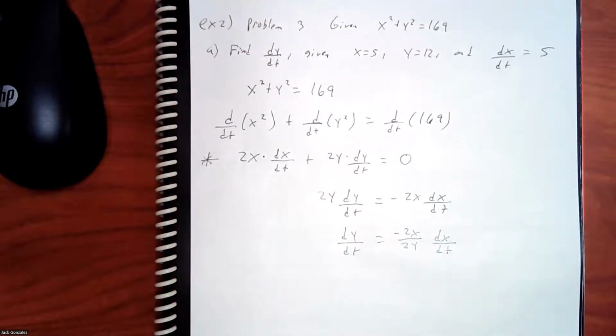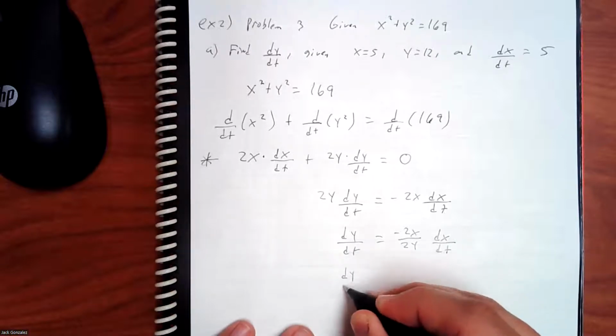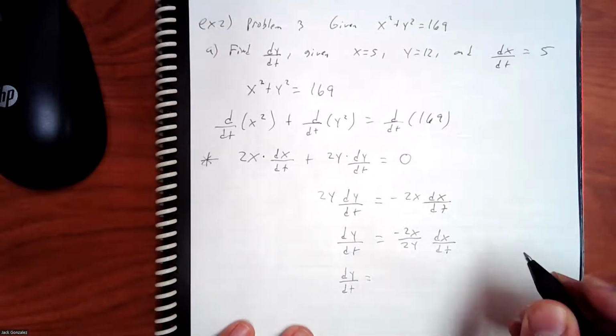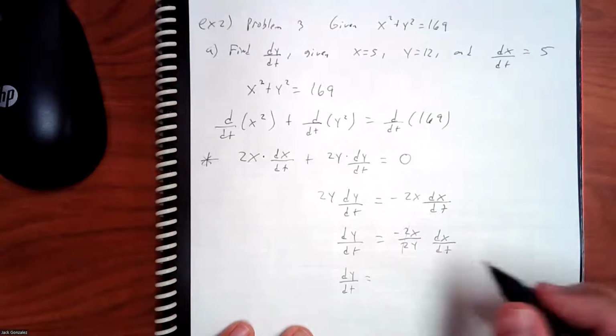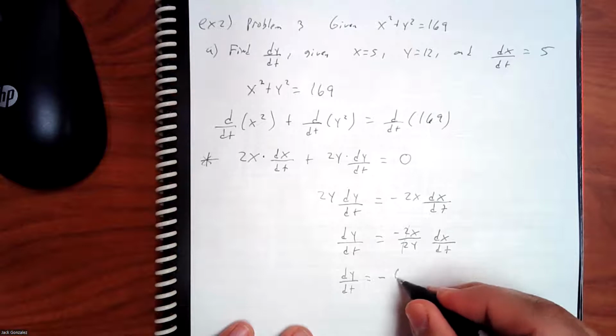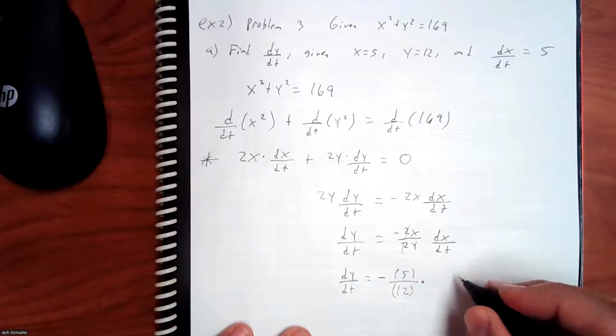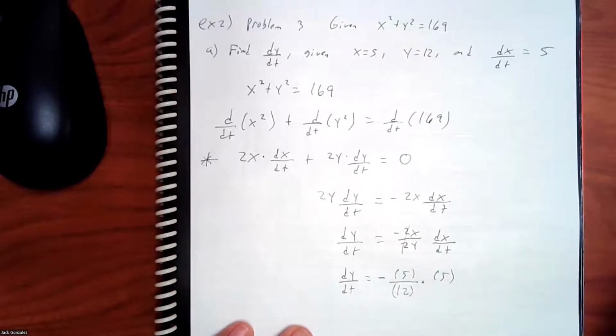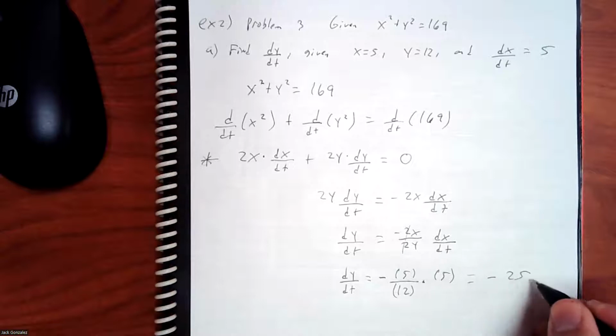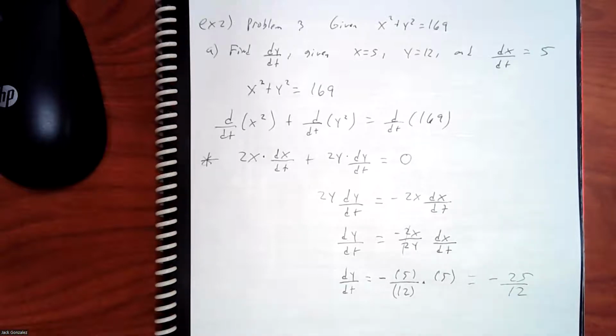So I'll go ahead and plug it all in. So x is 5. Now these 2's are gone. X is 5. Y is 12. This is 5. So 5 times 5. That's it, right? That would be the answer.